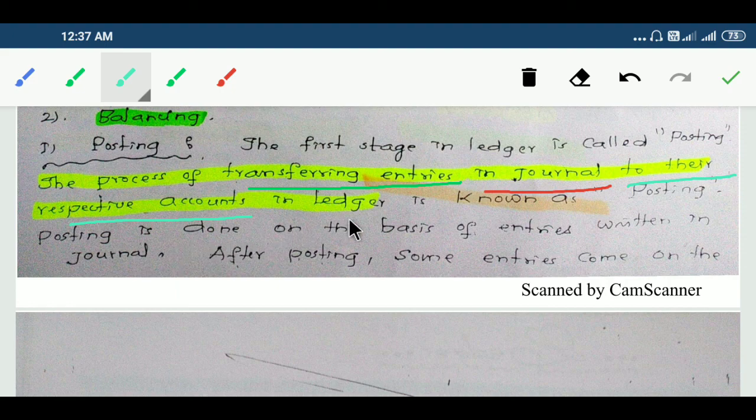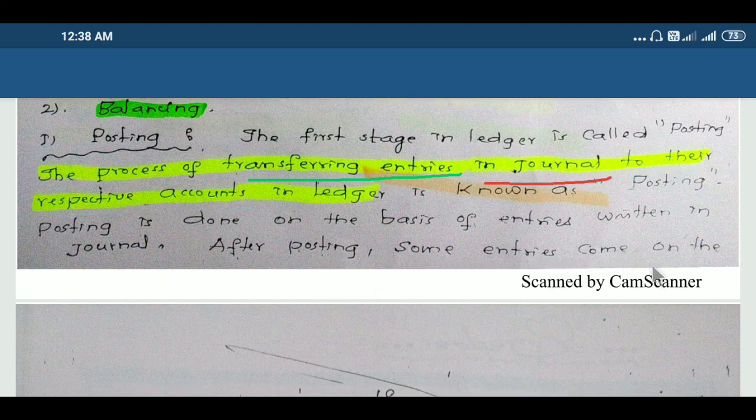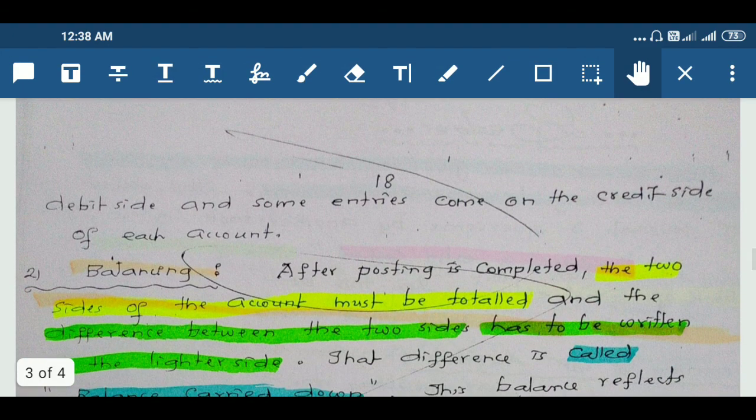Posting is done on the basis of entries written in journal. After posting, some entries come on the debit side and some entries come on the credit side of each account.